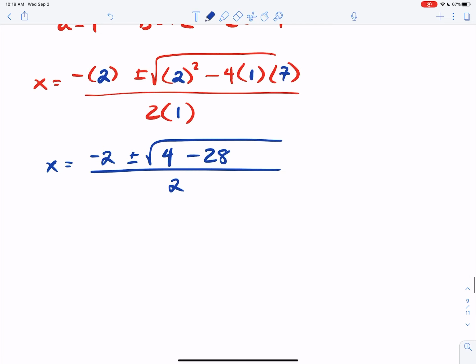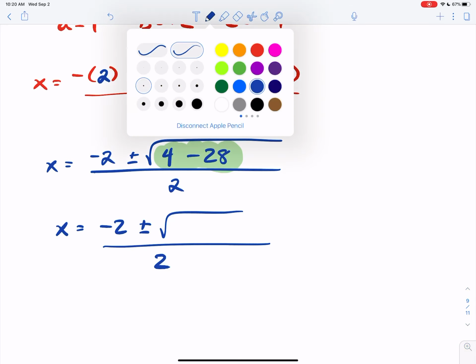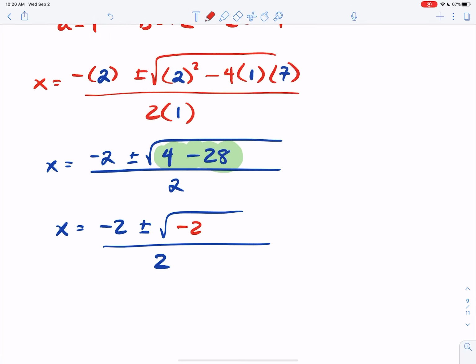Now, x equals negative 2 plus or minus the square root of something all over 2. 4 minus 28 are different signs, so we subtract. 4 minus 28 is 24, but we keep the sign of the larger number, so this is going to be negative 24.